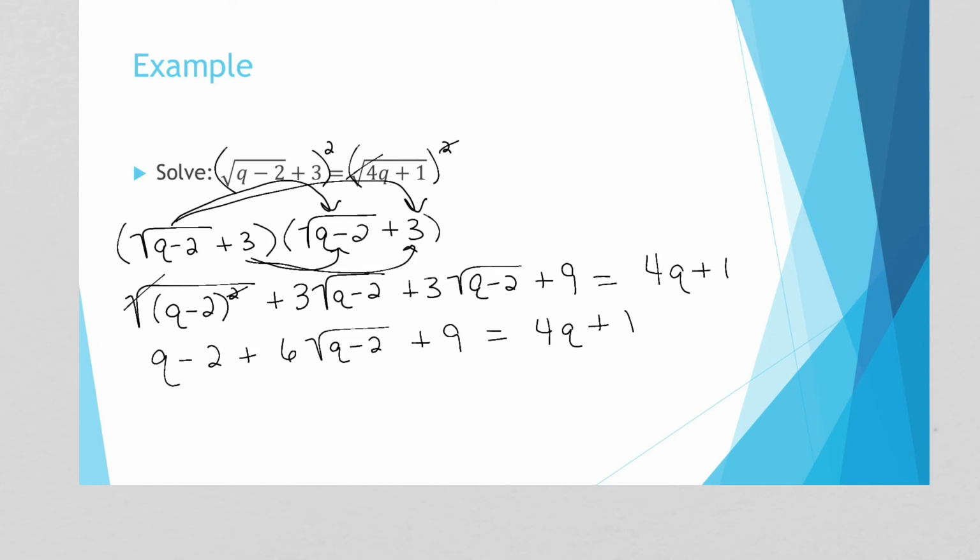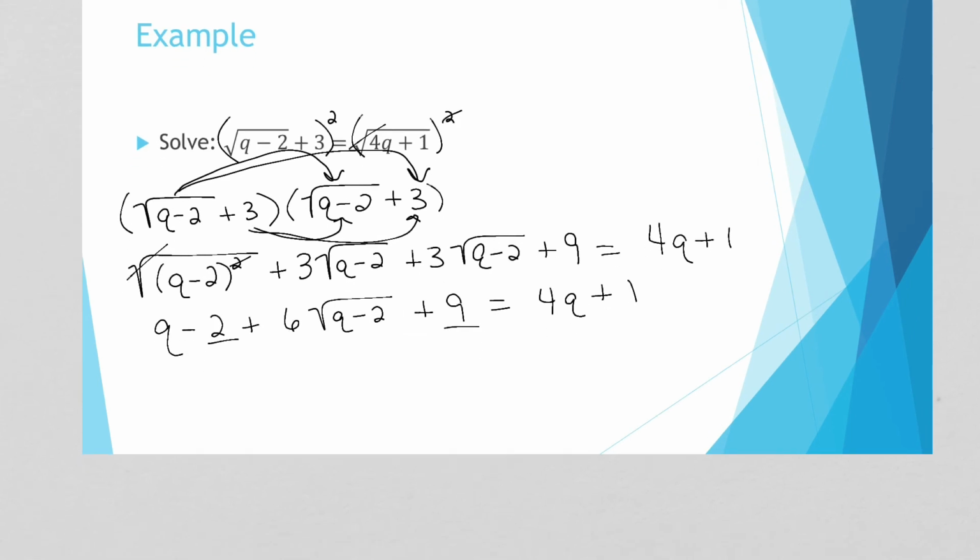I'm going to combine these like terms right here and here, okay? So I've got q, I just brought this straight down, q plus 7 plus 6 square roots of q minus 2 is equal to 4q plus 1.